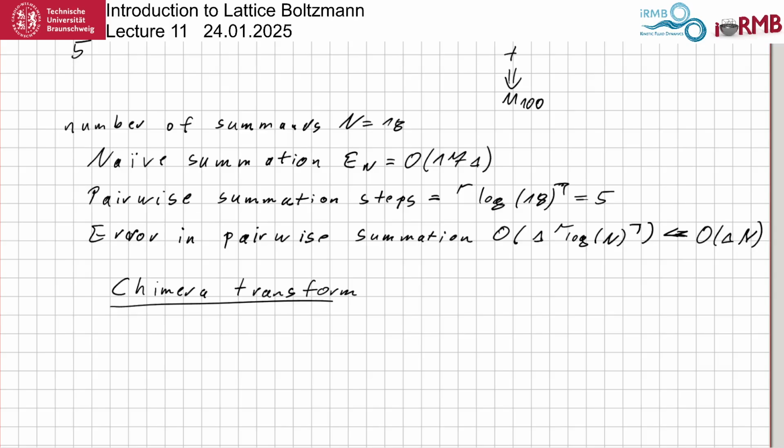I would claim that the Chimera transform is the reason why we can do cumulant lattice Boltzmann in the first place, because this was such a game changer that when we introduced this, this was the first time that we actually saw an improvement over other methods, both much faster and much more accurate.